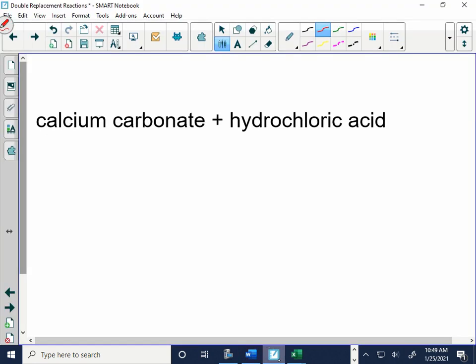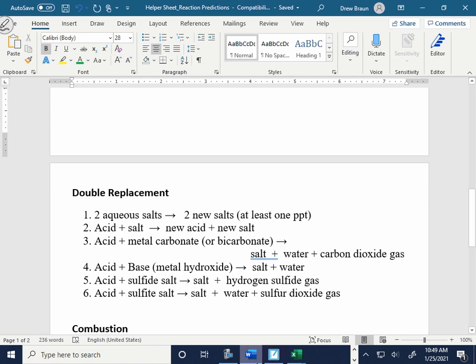My acid is combining with what? Calcium carbonate, correct? So as I'm looking at my possible reactions here, what do you think? Carly?